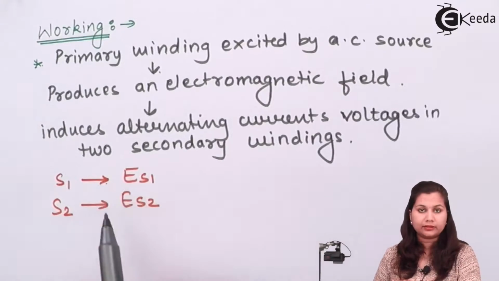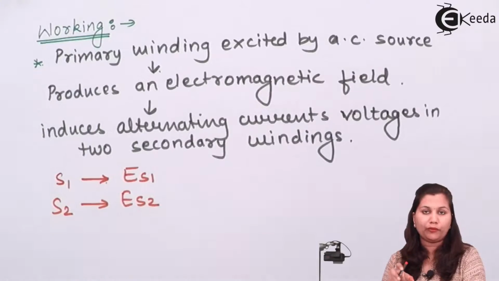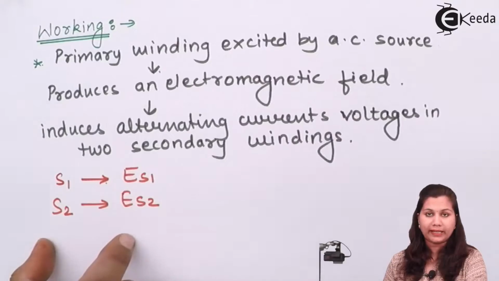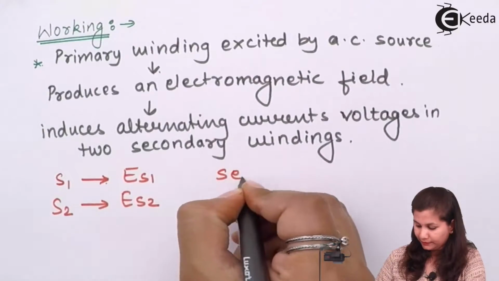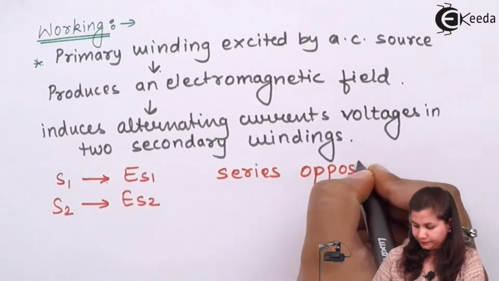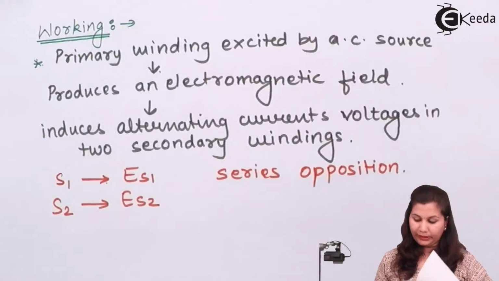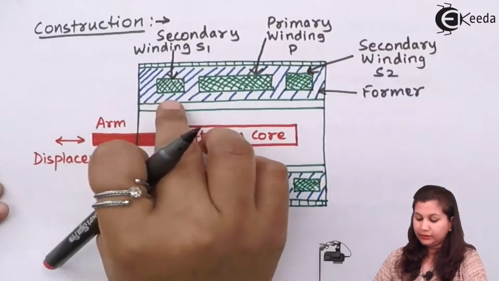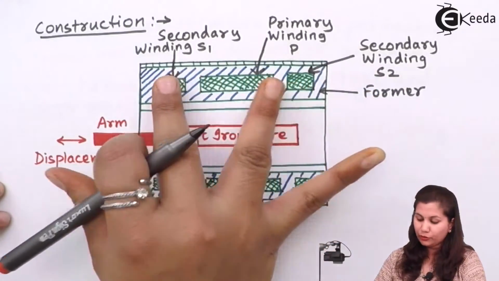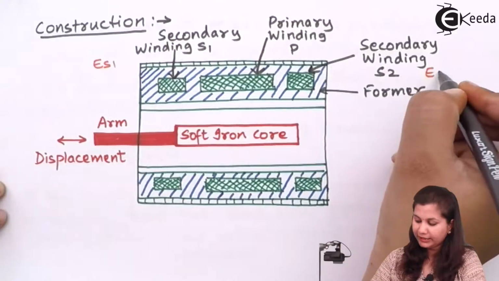In order to get a single voltage from the output of the LVDT, we connect these two windings in series opposition. So from the first we are getting ES1, and from the second we are getting ES2.